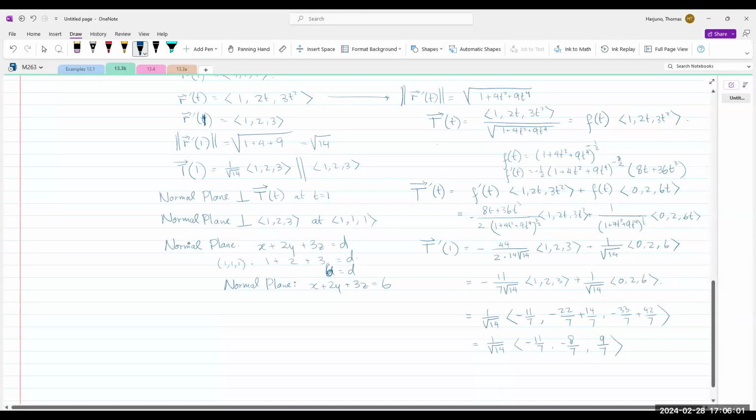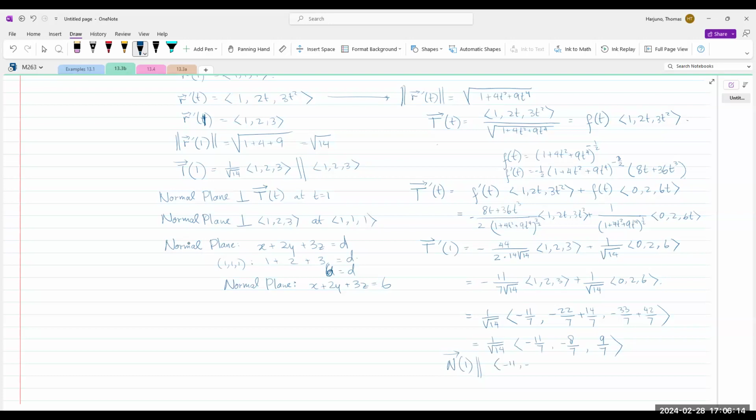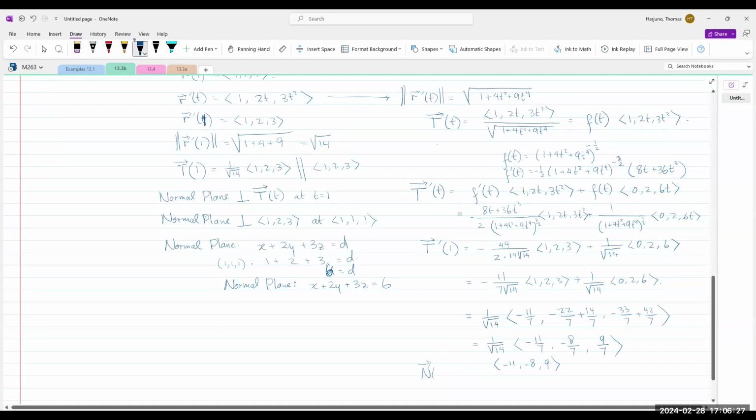Notice if I factor that 7 out again, you will see that this T prime 1, so the unit normal vector at 1, will be parallel to negative 11, negative 8, 9. To be more precise, our unit normal vector at time 1 will be 1 over 7 square root of 14 of that vector.